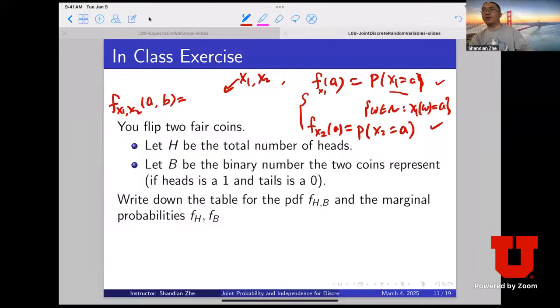No, it's not that. Right now we are not talking about continuous random variables. When we talk about continuous random variables, we will look into integration and that kind of thing. Right now x1 and x2 are both discrete random variables. How do we define their joint probability density function, or joint probability mass function? They're interchangeable.